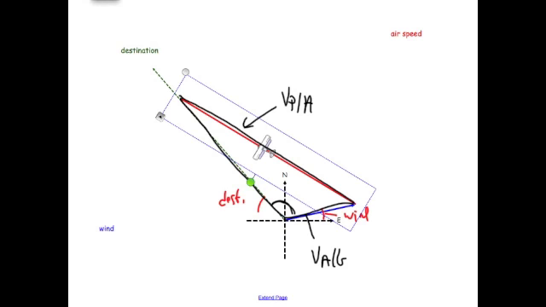So now we have a well-defined problem in basically geometry. We know a side right here, we know a side right here, and we know an angle right there. Then we use the law of sines to get the remaining unknown angles, and then we use the law of sines again to get the remaining side. And that is, in general, how you would solve one of these problems.